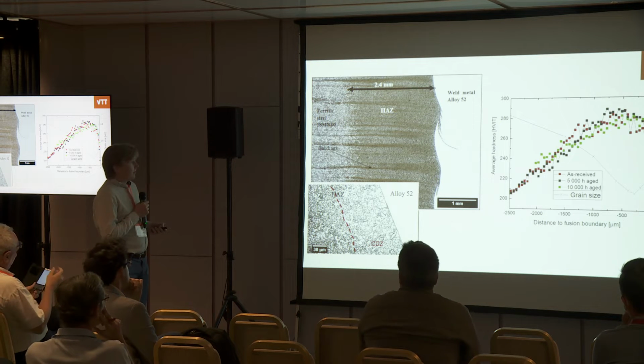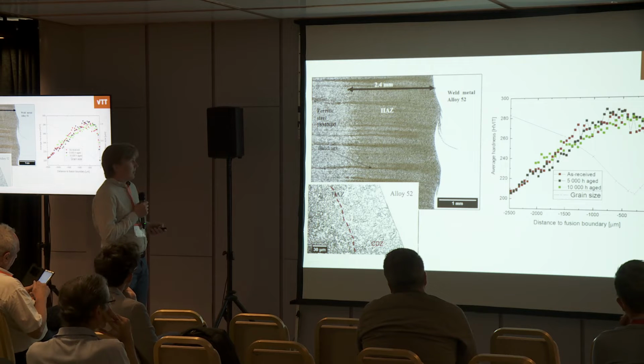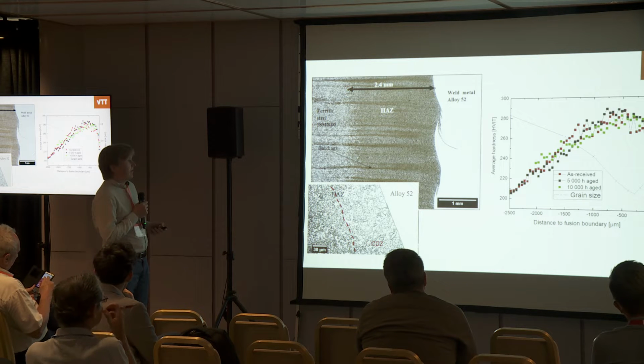And then when you look at the hardness, when you travel away from the fusion boundary on the low alloy steel side, there's a lower hardness next to the fusion boundary, and then the grain size again is quite high close to the fusion boundary, but lower, roughly 300 micrometers further away. And the hardness peak is this area here, the grain refined region, and the grain coarsening region is here closer by.